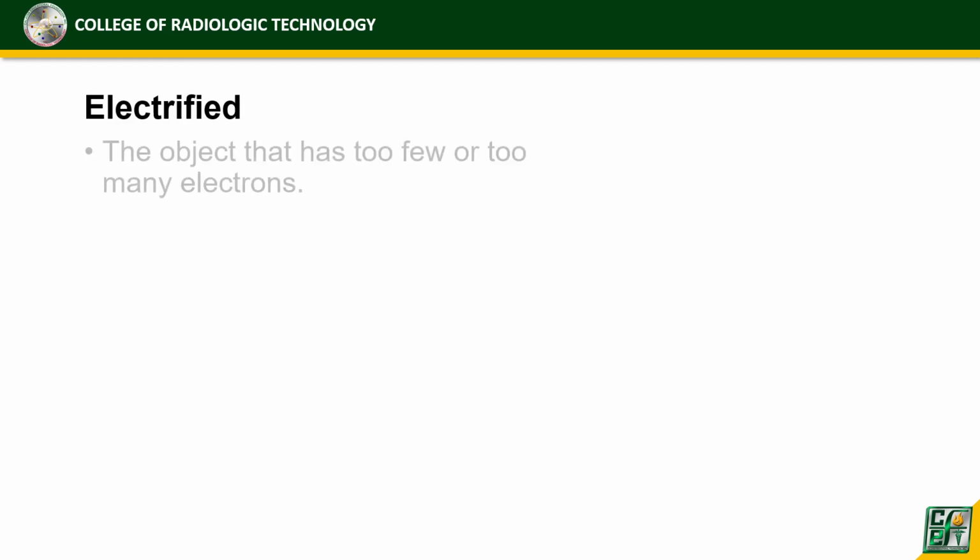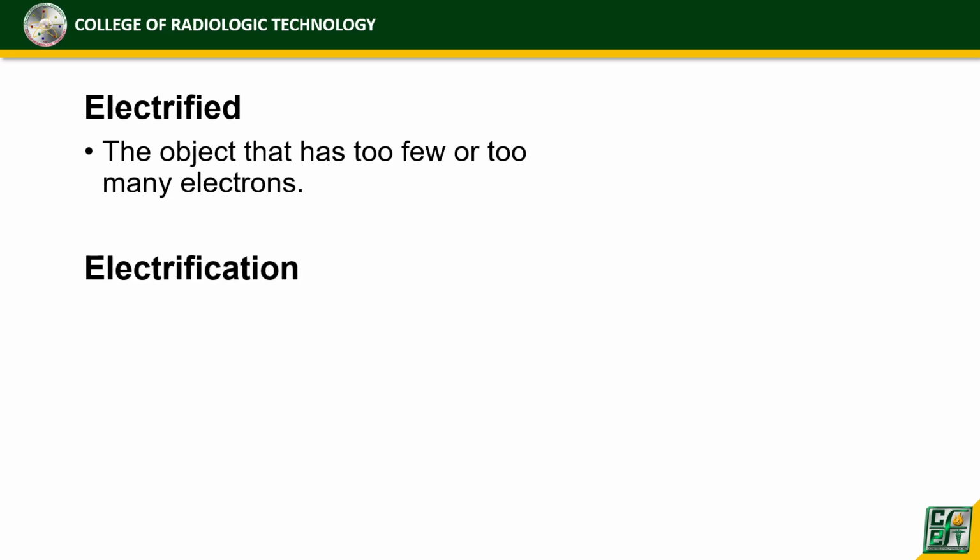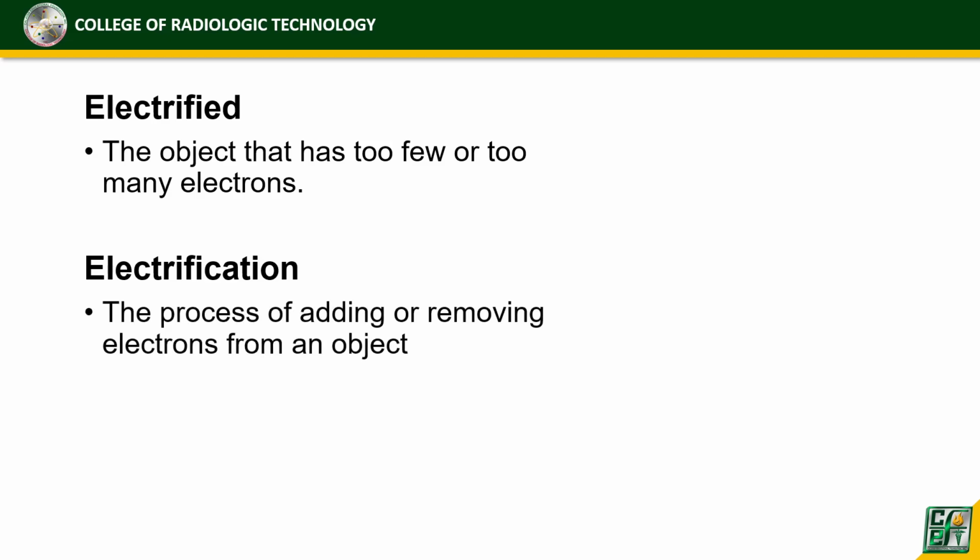Okay, electrified, the object that has too few or too many electrons. So yun yung tinatawag natin mga electrified materials or objects. Electrification, the process of adding or removing electrons from the object.